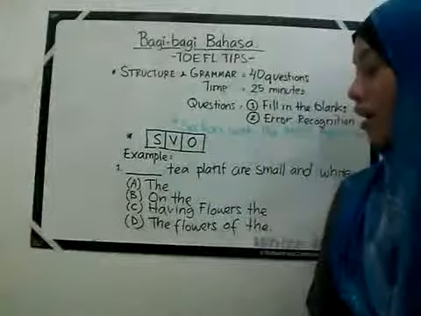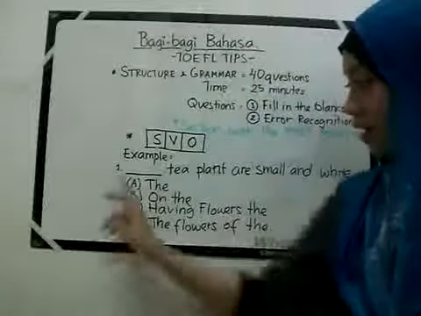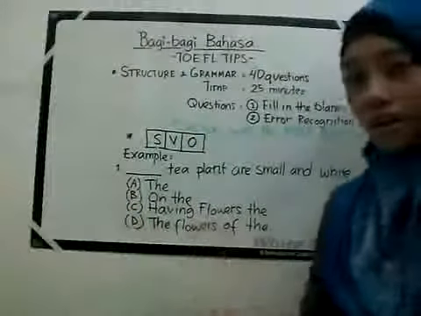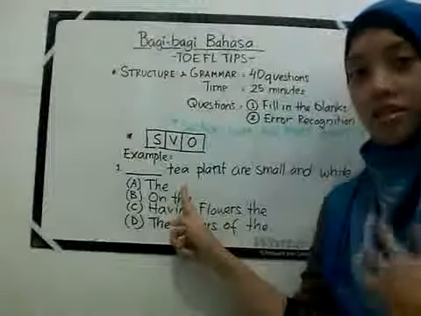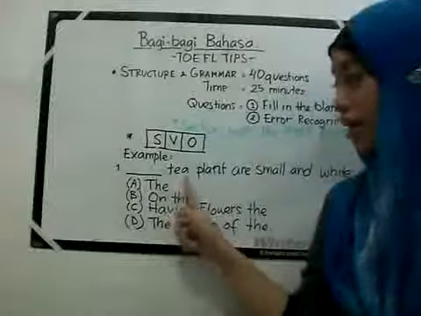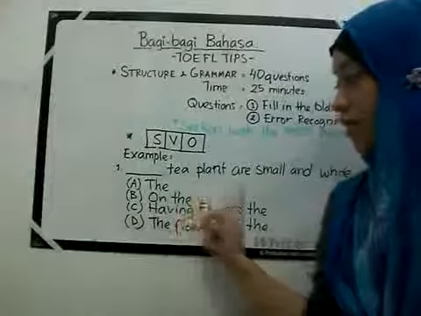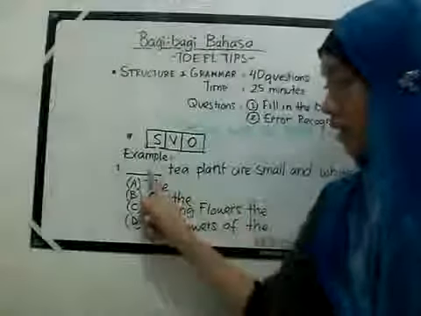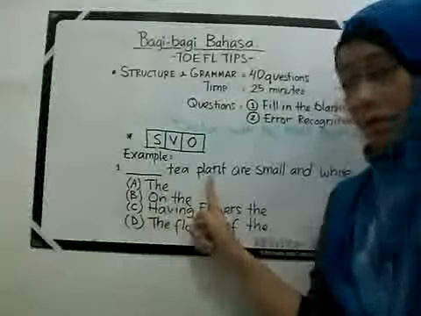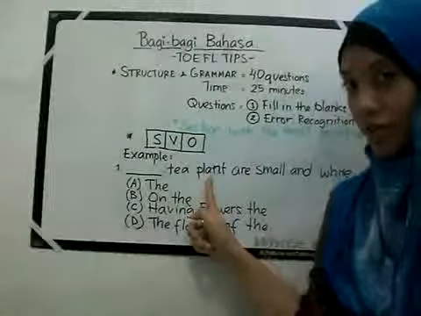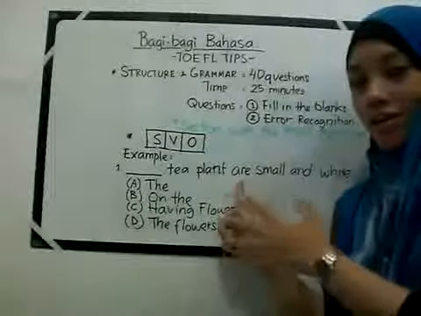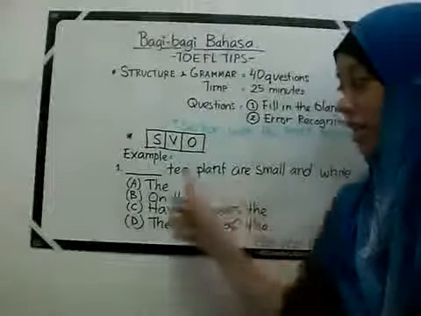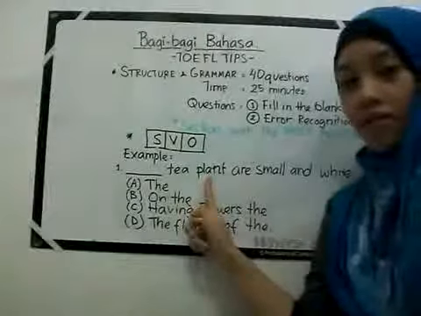Oke, jadi kita lihat di antara A, B, C, D ini manakah yang jamak. The adalah artikel, jelas-jelas dia bukan subjek karena dia membutuhkan subjek. Apabila ditaruh di sini the tea plant, oke, betul, dia jadi subjek, tetapi are itu jamak, jadi tidak nyambung dengan the tea plant yang tunggal.